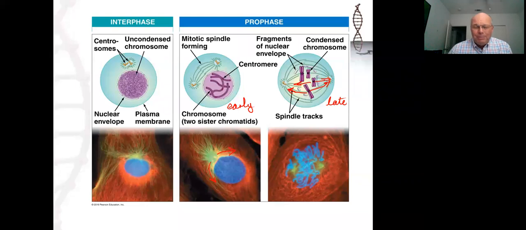And so if you think about the four phases of mitosis, prophase, metaphase, anaphase, telophase, prometaphase sits between prophase and metaphase. And it really constitutes what in this diagram I've labeled as late prophase. So just in case you come across that, that's where that comes from. But in this class, we only use prophase, metaphase, anaphase, telophase. So we're not going to worry about prometaphase.